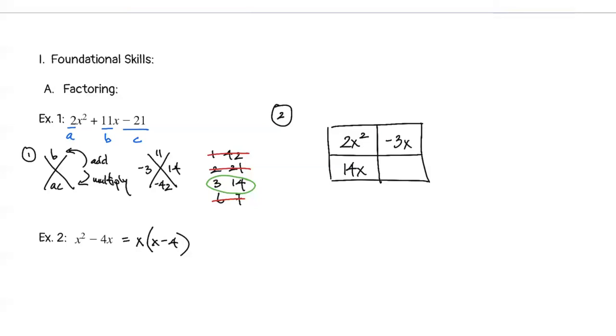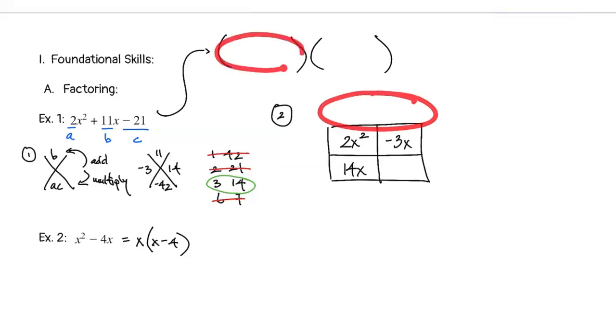Now, at the end of the day, what we want to do is factor this. And so we have something kind of like this. And so what we're doing is each of these outsides is going to correspond to one of the factors. All right. So 2x and x.